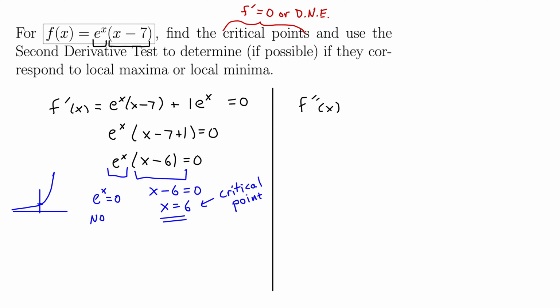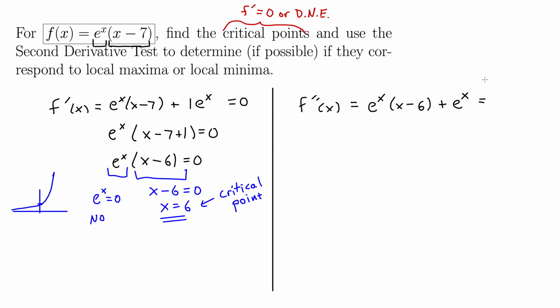The second derivative is the derivative of that, so we again do the product rule, a prime b plus b prime a. e to the x times x minus 6 is a prime b, and then plus b prime a. The derivative of x minus 6 is 1, again times e to the x.